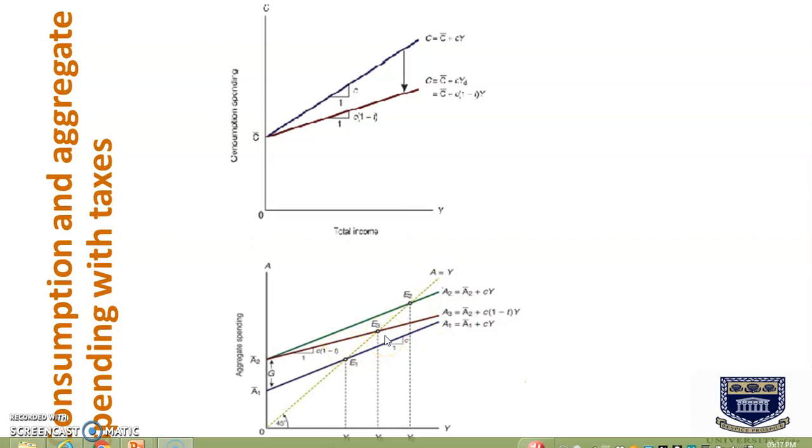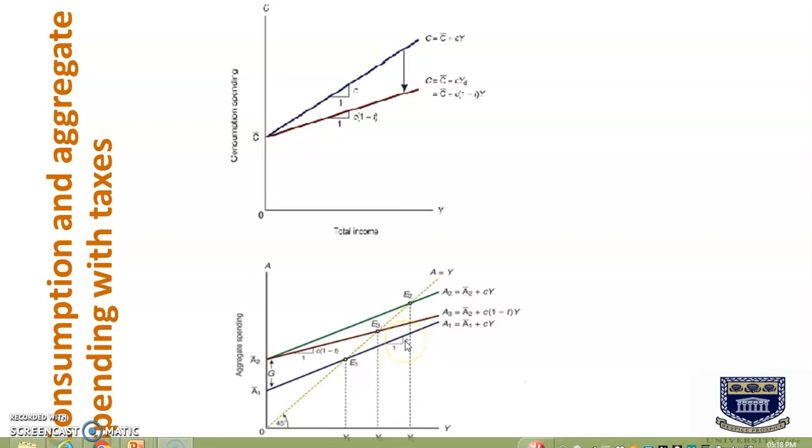The original aggregate spending curve over here, before the introduction of government, is given by A1 equal to A bar 1 plus CY. The intercept is A bar, where A bar is equal to C bar plus I bar, and the slope of this function is C, the marginal propensity to consume.